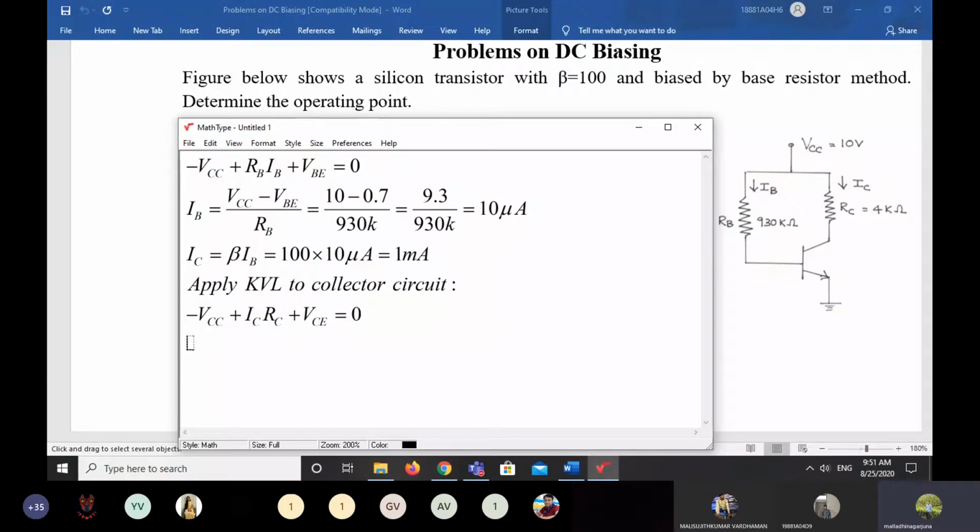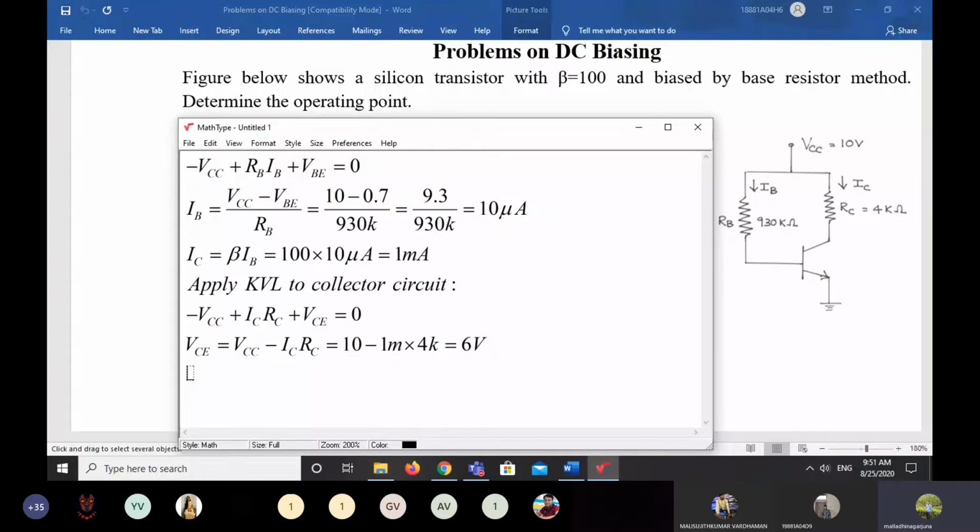Now we need to calculate VCE. VCE equals VCC minus IC RC. VCC is 10 volts minus IC, which is 1 milliampere, times RC. RC is given as 4K. So 1 milli and K cancel, 1 times 4 is 4, and 10 minus 4 becomes 6 volts.